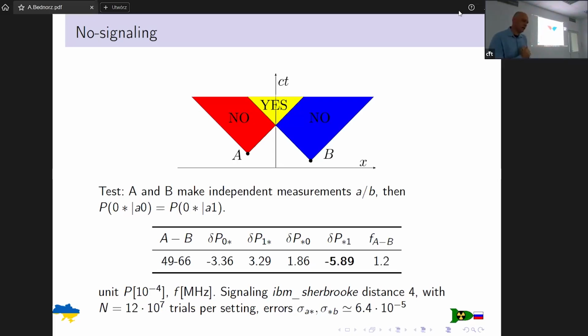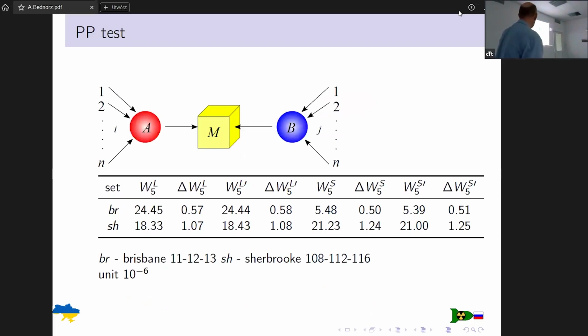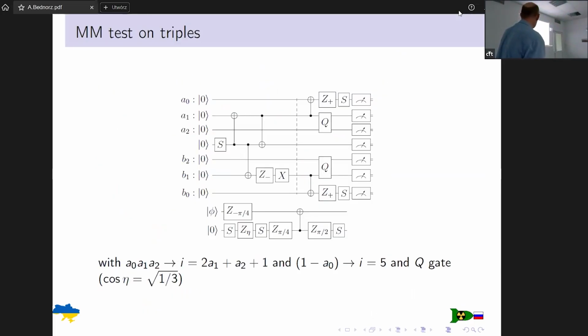But okay, where it may be important is if, for instance, the measuring device of one party is somehow correlated with the measurement of the other party, it may affect this experiment.